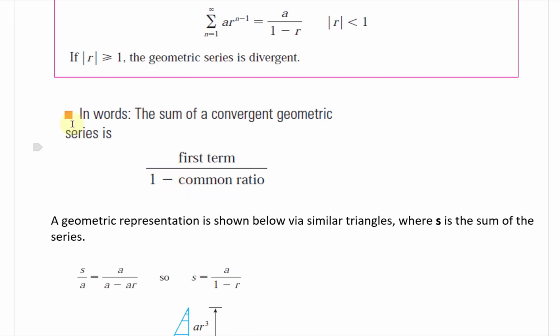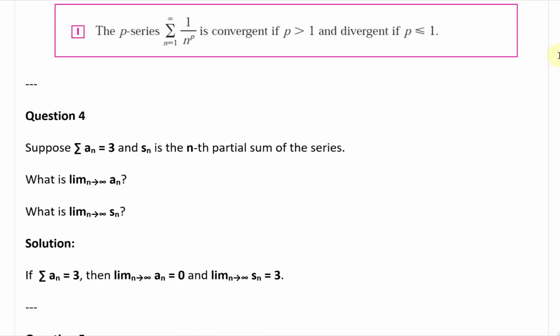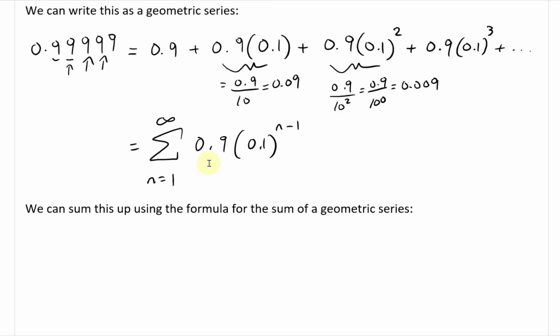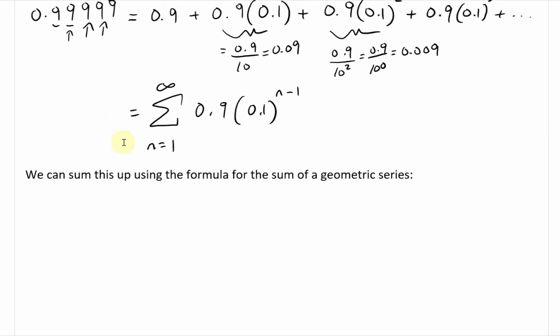So let's go back to the bottom. All right, so we're back here. Let's sum this up. In our case, this is a and this is r. We have a equals 0.9 and r equals 0.1, and we have the scenario where the absolute value of r has to be less than 1.